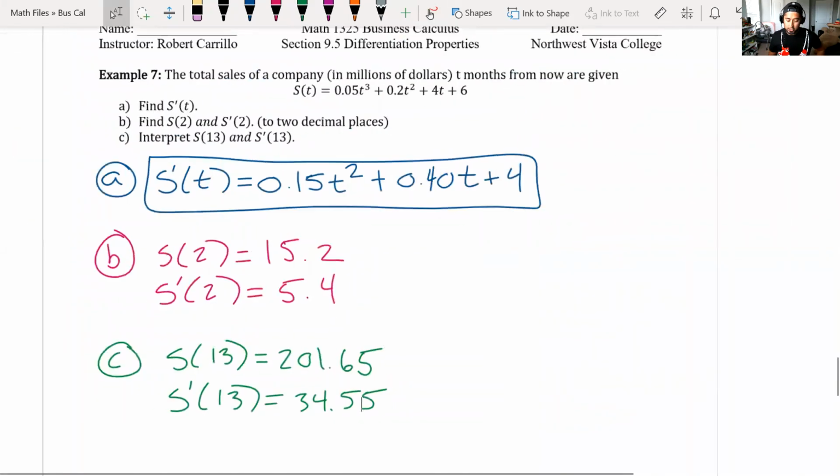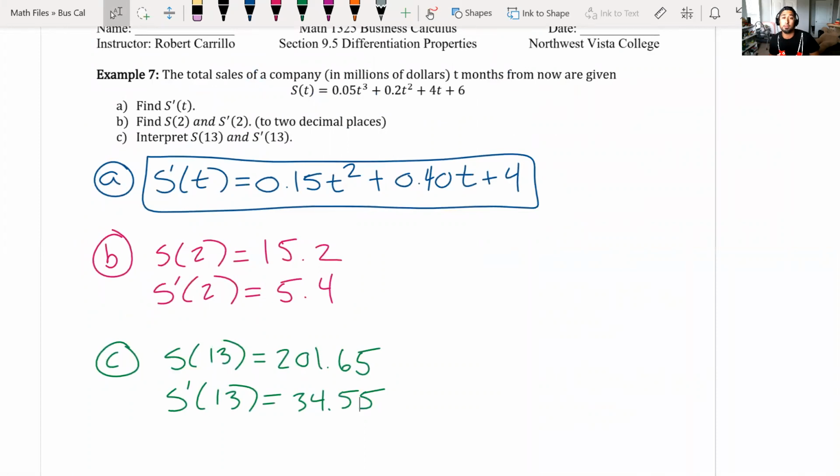Now let's interpret what they mean. Remember at the beginning, the sales are in millions of dollars and t is in months. So for this one, after 2 months, sales are $15.2 million, right?